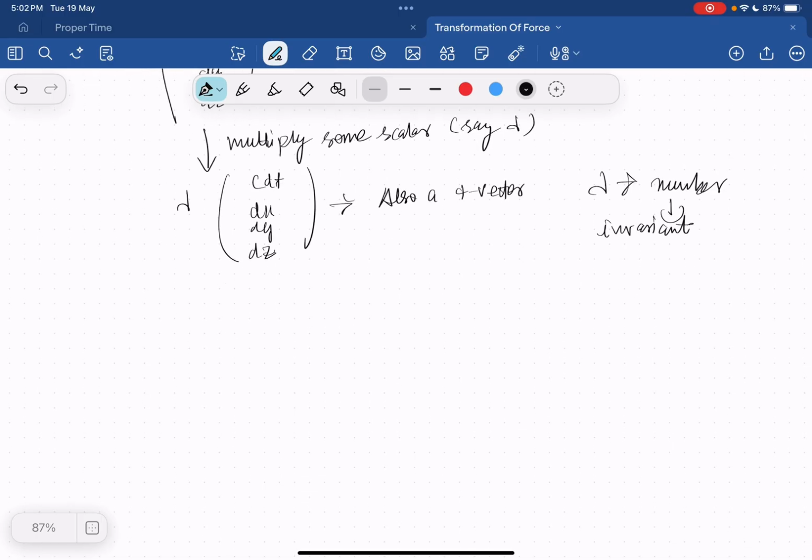Now if we choose lambda to be 1 by d tau, that's a valid choice, because d tau is also invariant.